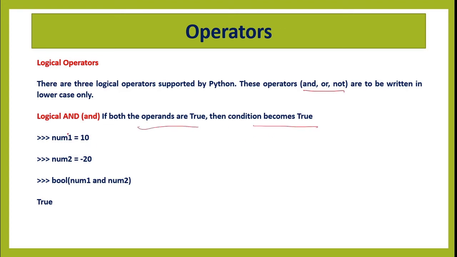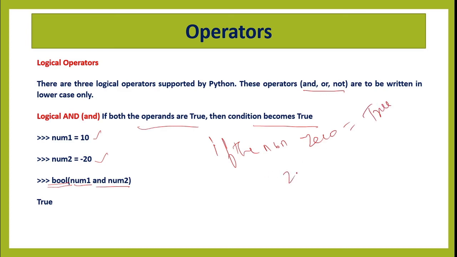Okay. So here num1 is equal to 10, num2 is equal to minus 20, then num1 and num2. Then we are using the bool data type. Okay. I already told that if the number is non-zero, so the Boolean value is true.